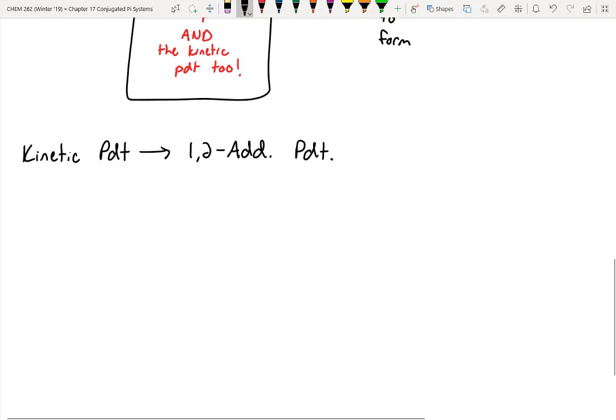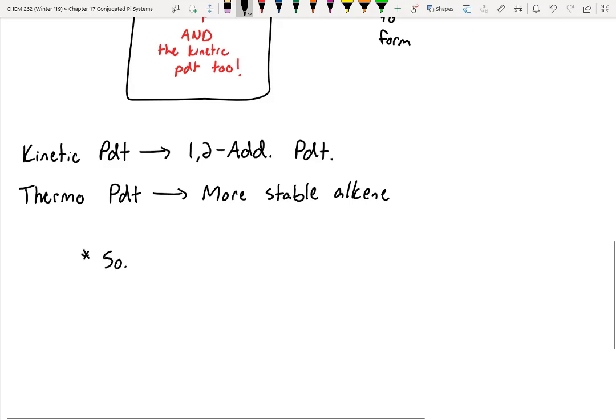And then your thermodynamic product is going to be your more stable alkene. It's not necessarily going to be your 1,4 addition product. And then like we saw here, sometimes your kinetic and thermodynamic products are going to be the same.